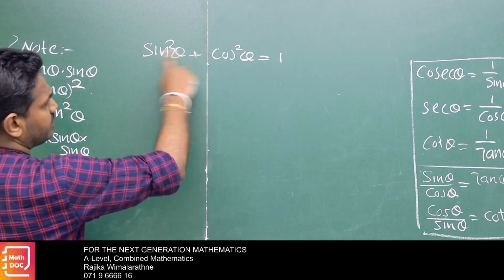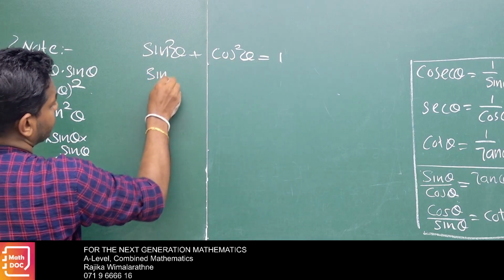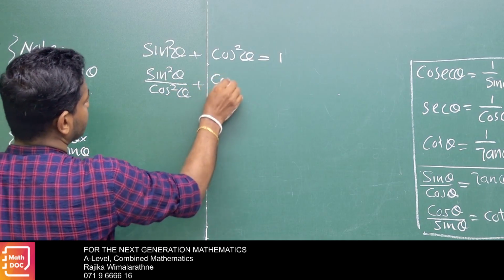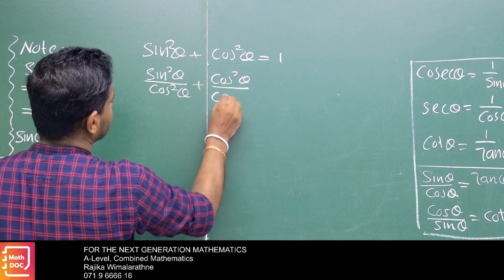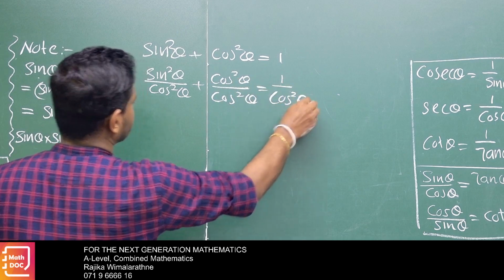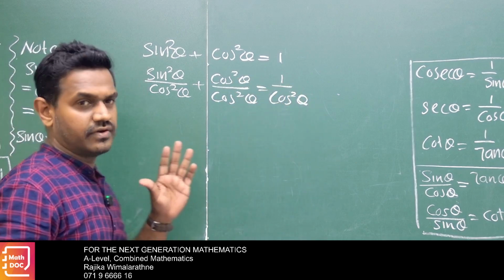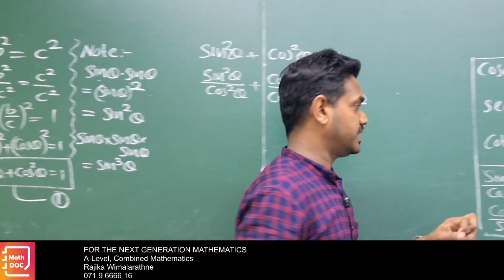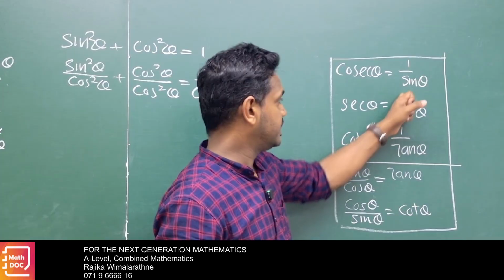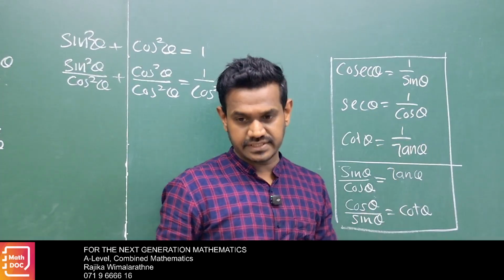You divide every term by cos squared. Then we know sin over cos equals tan. 1 over cos equals sec.